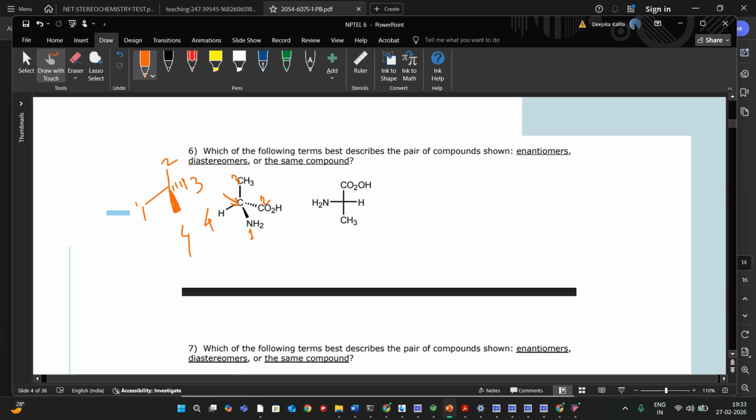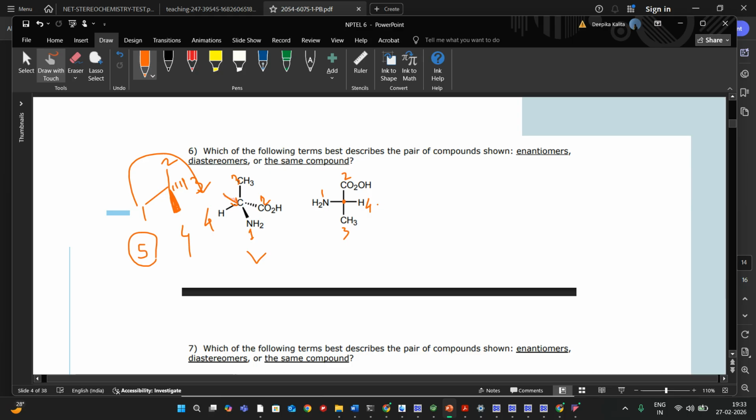So if we go from 1 to 2 to 3, it will be S, as the fourth priority group is above the plane. So the absolute configuration will be S. Then for the next molecule, you see this is the asymmetric carbon present. This is going to get the first priority, this the second, this the third, and this the fourth.